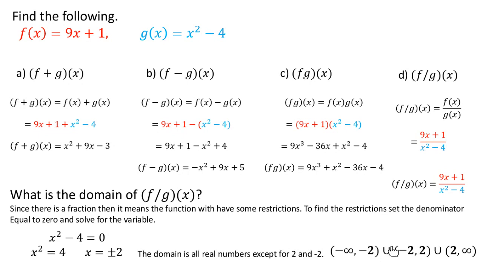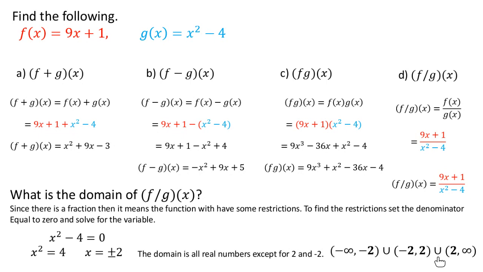This U-looking symbol is called a union, or the word and. So we can use from negative infinity to -2, not including -2, and the next part of the interval is starting from -2, not including -2, to +2, and again, close my parentheses because I cannot use a +2.